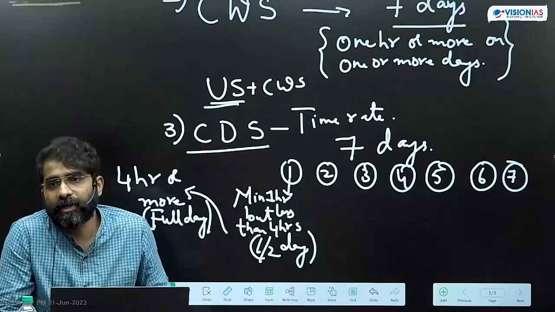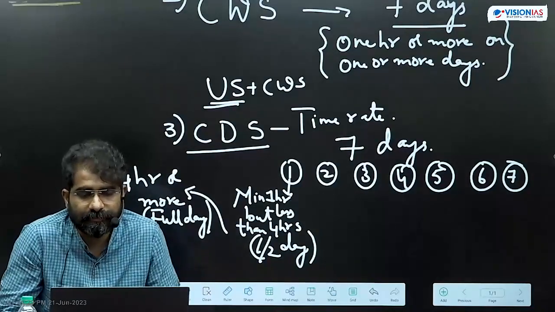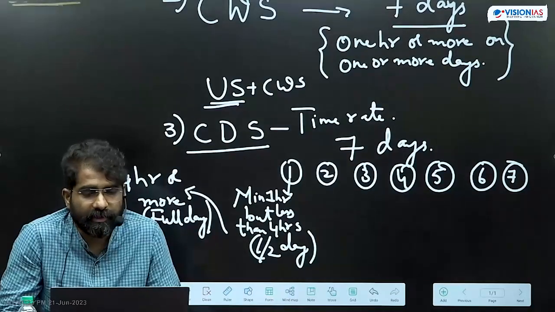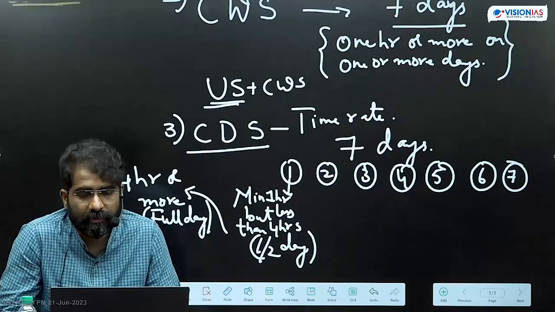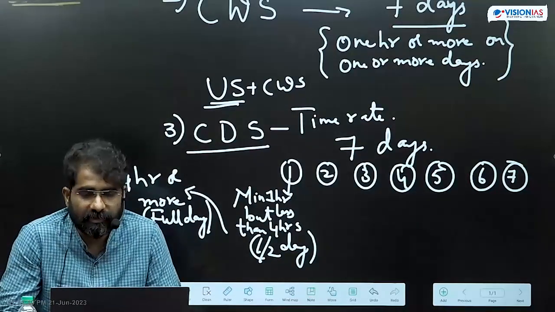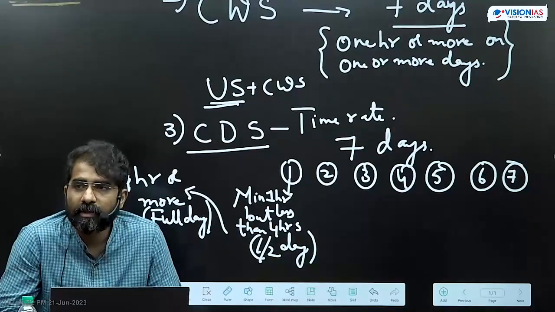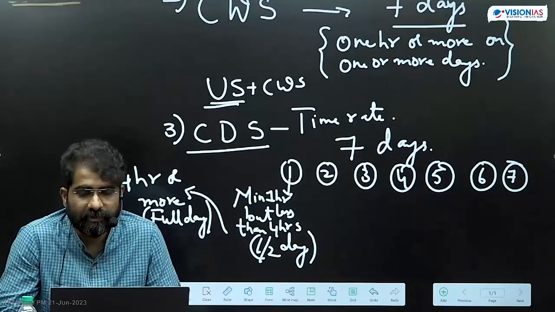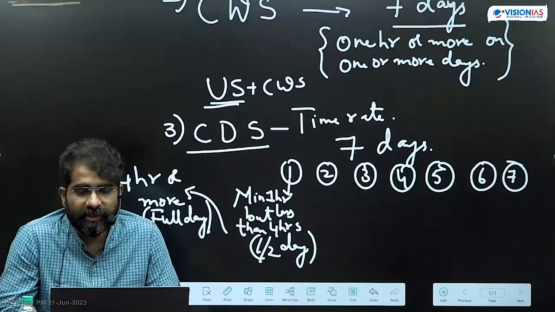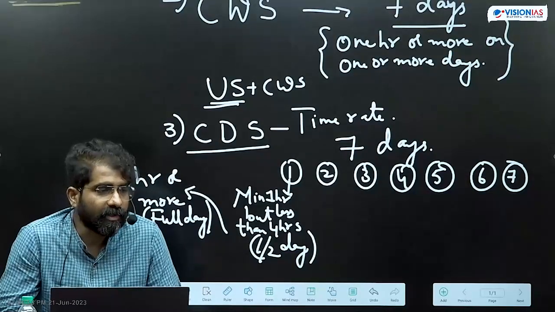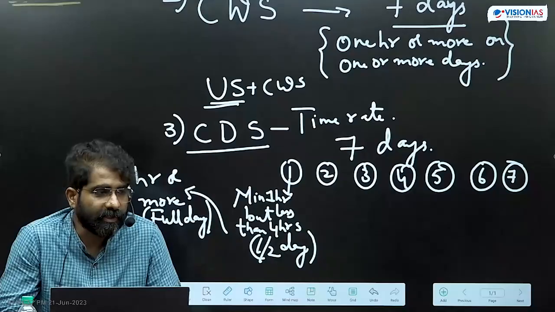Okay, then put the heading current daily status. Write down. It considers the activity status of a person for each day prior to the date of survey.